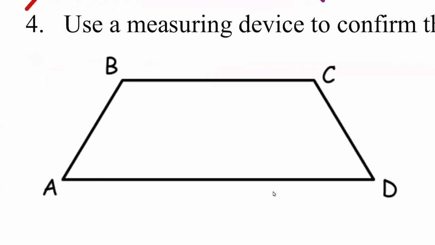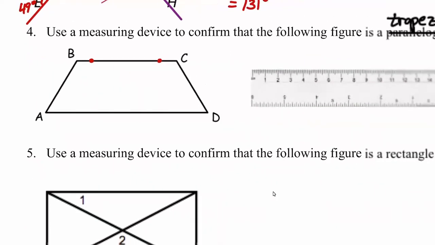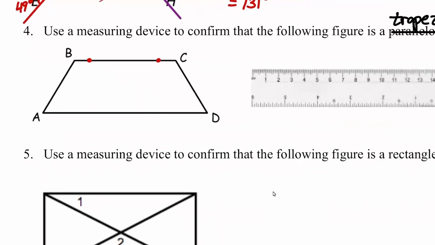So if I take a point, let's say here, and then another point like over here, and then measure the distance from that point to its counterpart on the opposite side, that distance should remain the same throughout the figure. All right, so copy that.